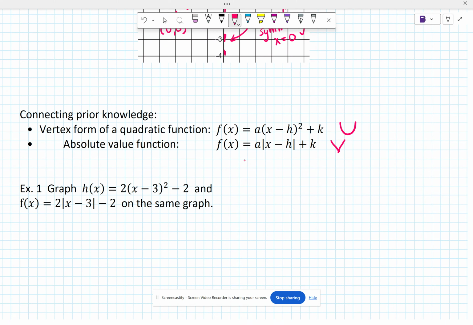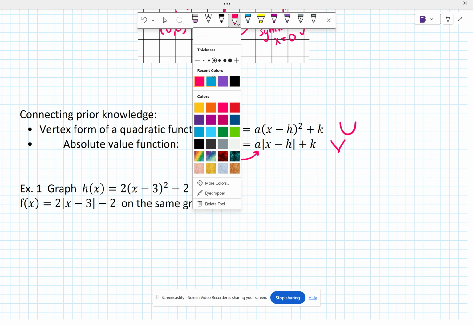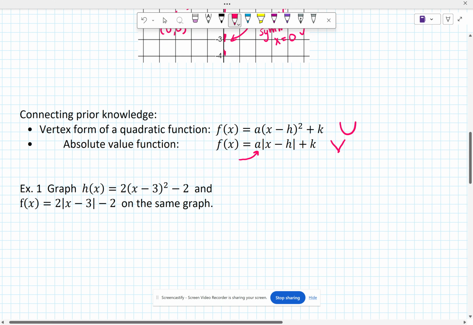For an absolute value function, this A, actually, it's not exactly slope because slope is only reserved for lines and this is an absolute value function. So I'm going to put it in quotes, but it is going to represent the rate of change. And I'm going to show you what that looks like.